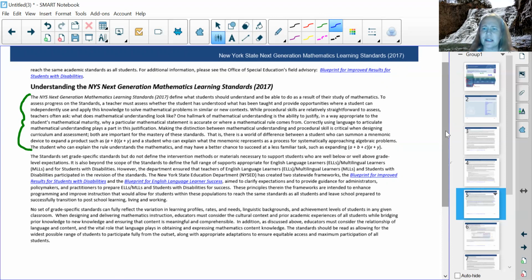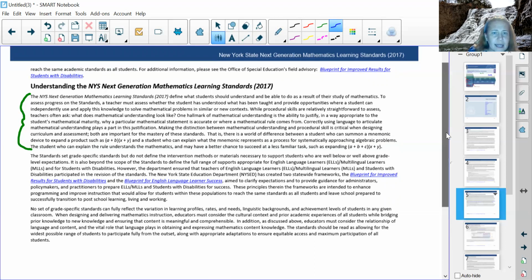In a recent video, I talked about procedural fluency, what we want them to learn how to do, but conceptual understanding, how we want them to understand what's behind it. That's somewhat related to the idea of skill versus mathematical process. So there are two different things that are equally important.